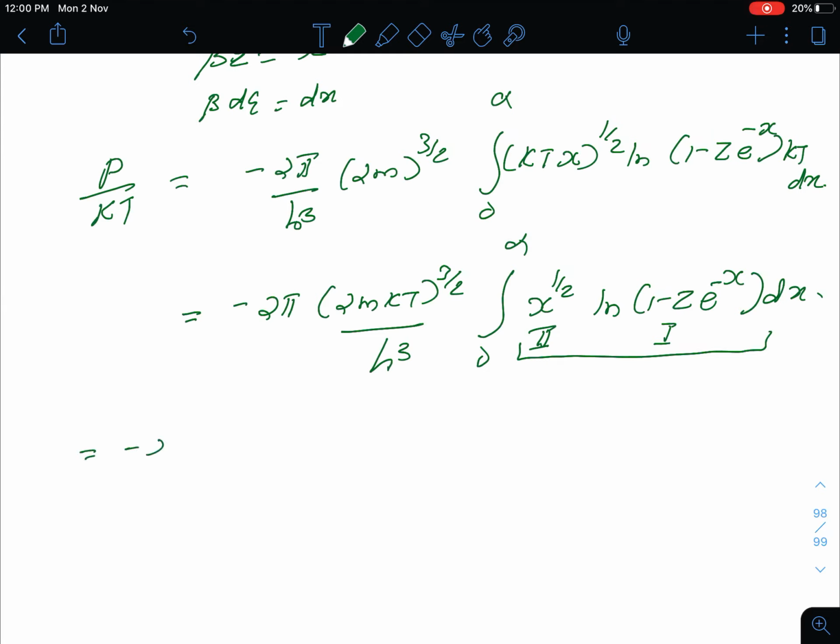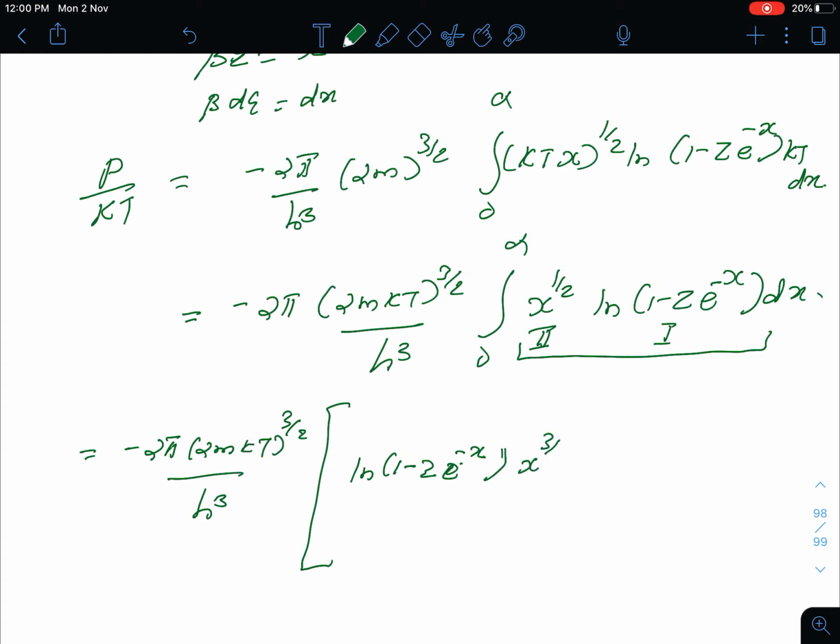So all the constants taken outside, 2 pi 2m kt all raised to 3 by 2 by h cube. First function into integral of the second function: ln 1 minus z e raised to minus x, first function into integral of the second function, x raised to 3 by 2 divided by 3 by 2, integral 0 to infinity, minus integral of differential of the first function.